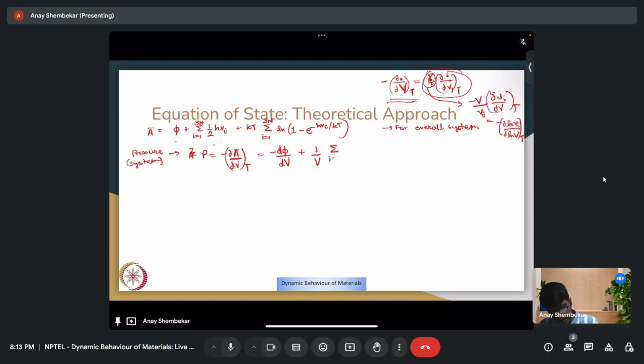Summation 1 to 3n over gamma i times half h nu i plus h nu i by kT into minus h e raised to minus h nu i by kT, like kT into kT into e raised to minus h nu i by kT.